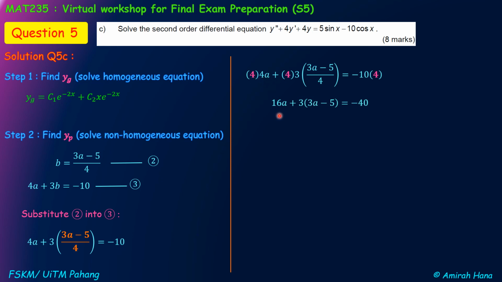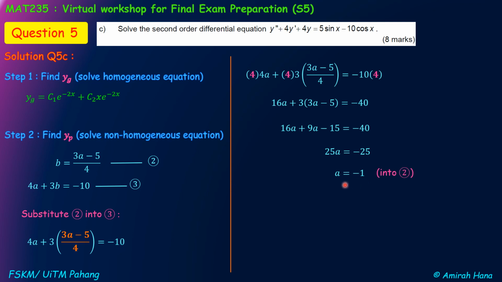So we have 16A plus 3 times 3A minus 5, equals negative 40. Next, we expand this: 16A plus 9A minus 15 equals negative 40. Then 25A equals negative 40 plus 15, so we have negative 25. So our A equals negative 1.